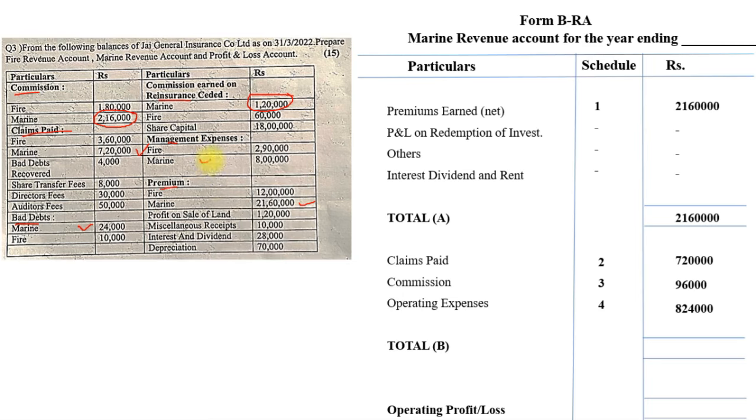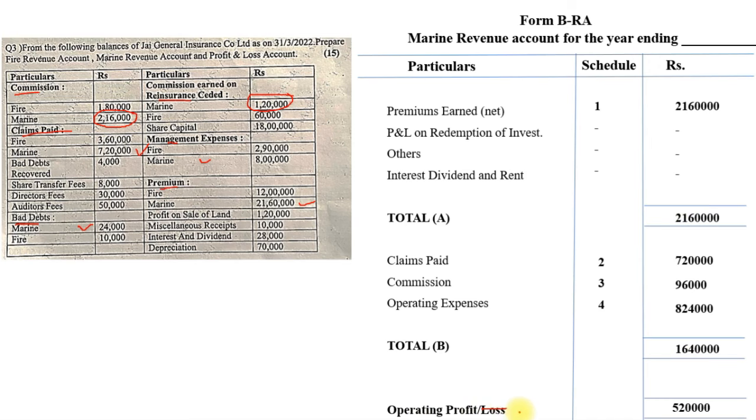Marine is 8 lakh management expense, and for bad debts it is 24. So 8 lakh 24 was the total. So 7 lakh 20 plus 96 plus 8 lakh 24 comes to 16 lakh 40. Here, income is more, 21 lakh 60 minus 16 lakh 40 will give you a positive 5 lakh 20,000. So we have an operating profit of 5 lakh 20,000.